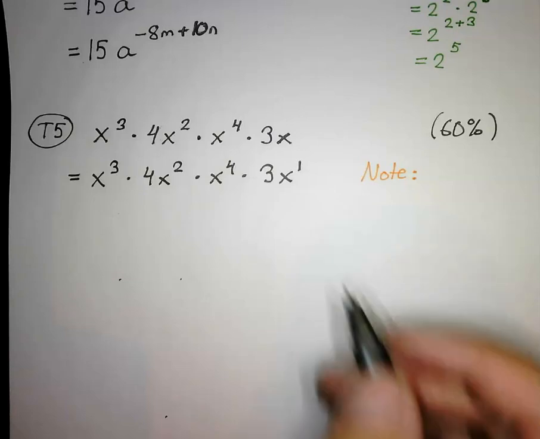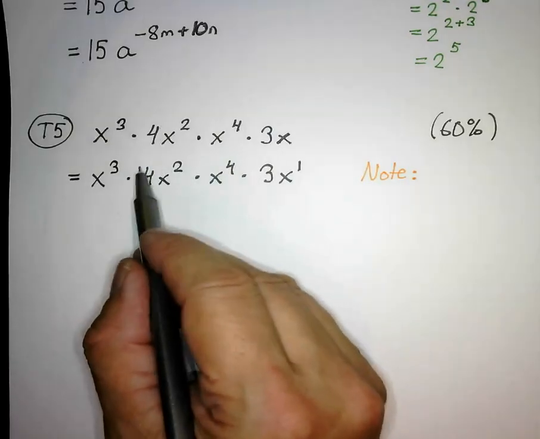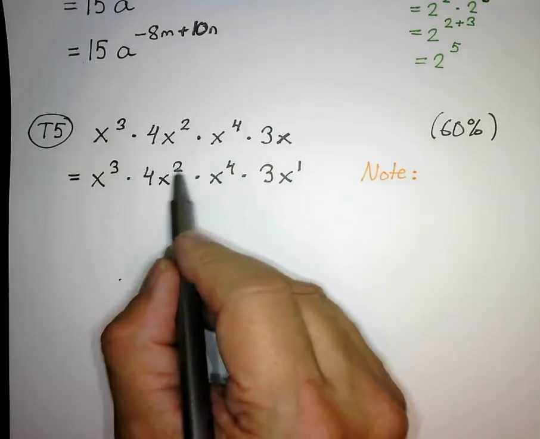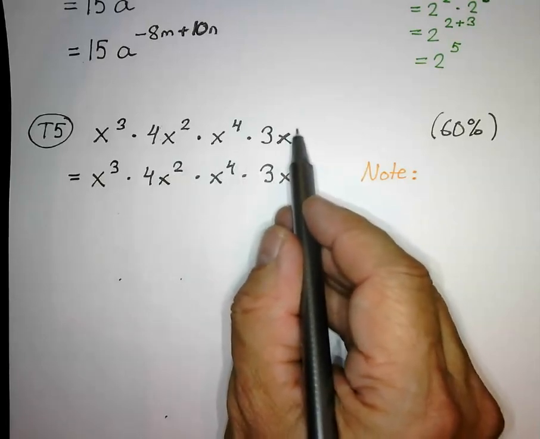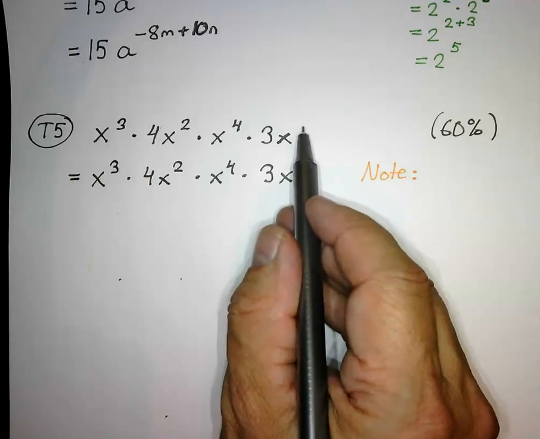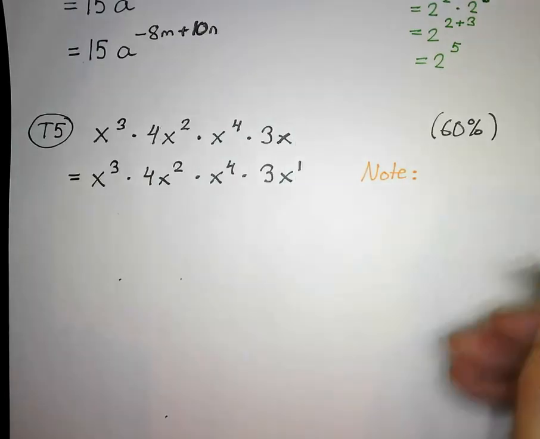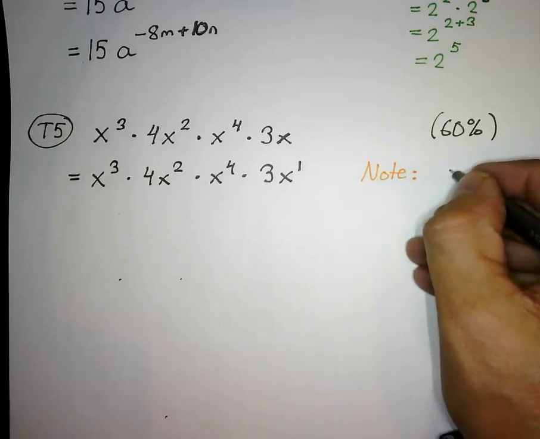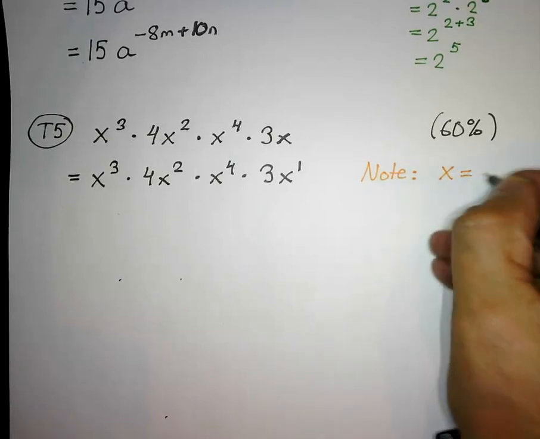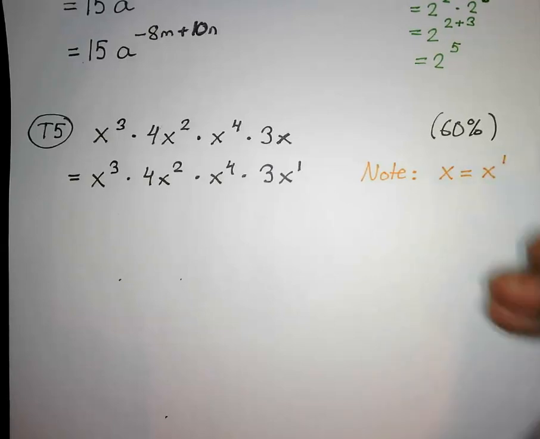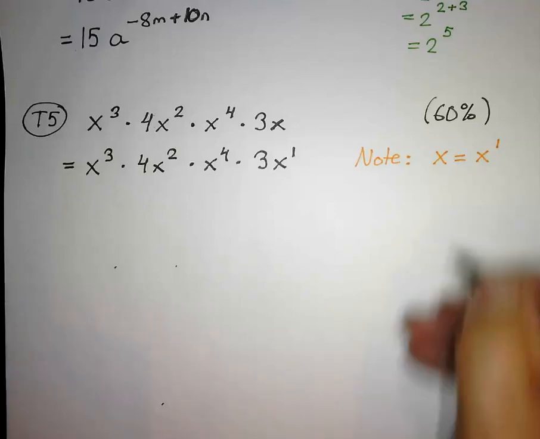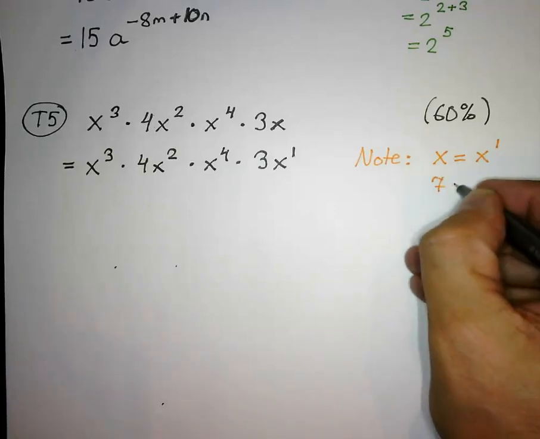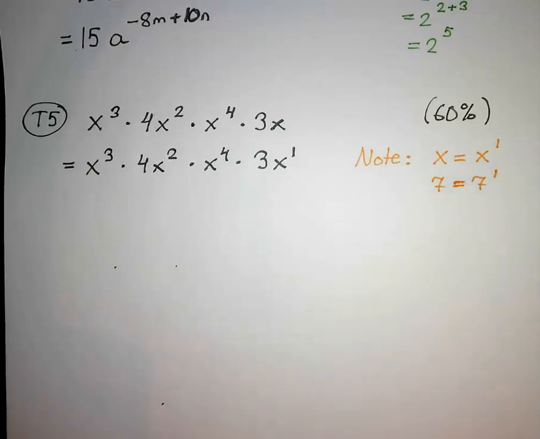It is so easy to add these numbers 3, 2, and 4, but then you forget that there is also an exponent, even though it is not shown there. What I wanted to note here is that x is the same as x to the power of 1. It is the same as, for example, 7 being the same as 7 to the power of 1.